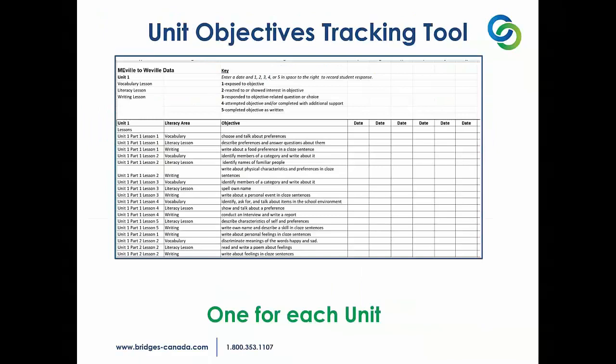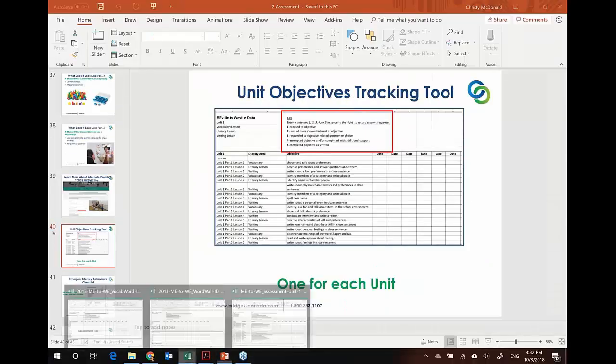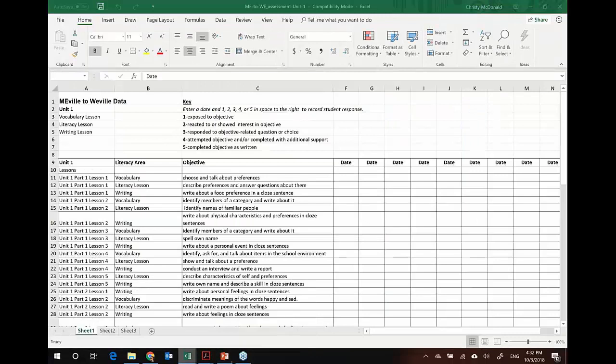You have unit objective tracking tools for each unit, and these tools allow you to indicate when you taught different units, different lessons, and each page in those lessons. So in Unit 1, in Lesson 1 on the vocabulary page, our lesson objective was to choose and talk about preferences.